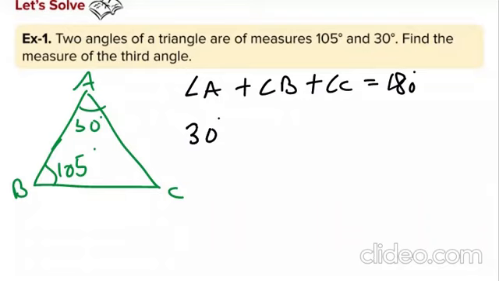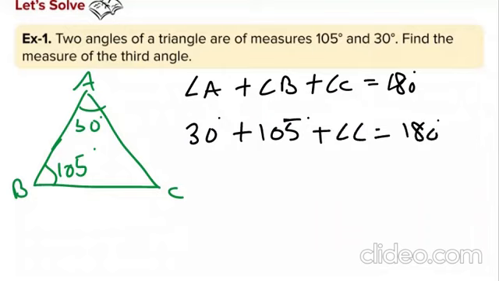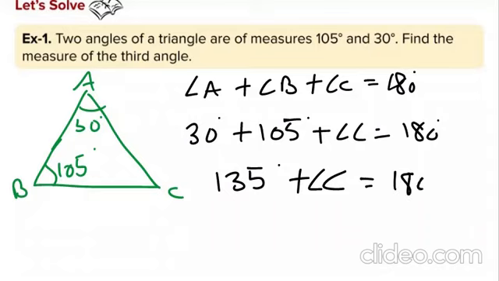So angle A is 30 degrees plus angle B is 105 degrees, correct? Plus angle C, which is not given, is equal to 180 degrees. Now what is 30 plus 105? It is 135 degrees.